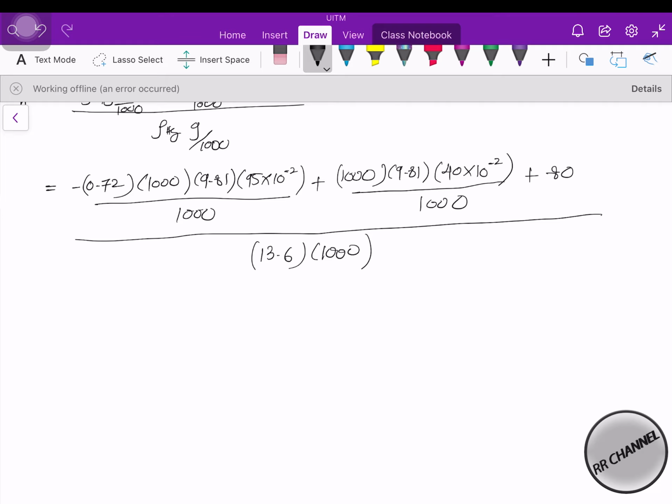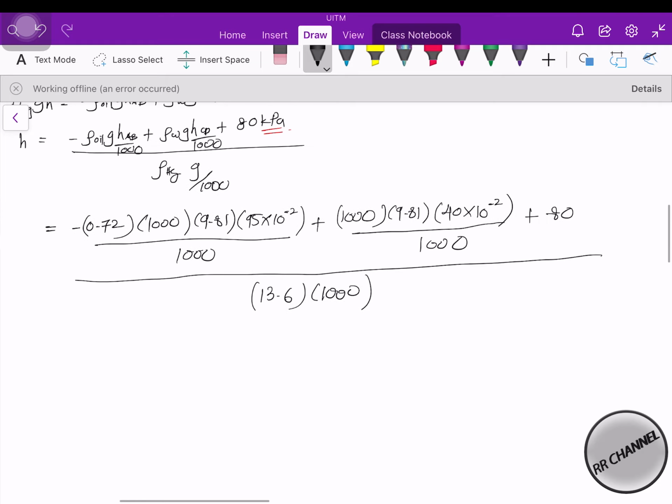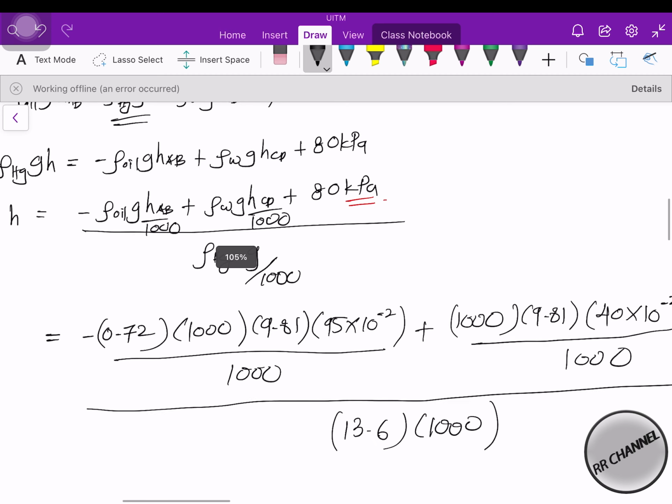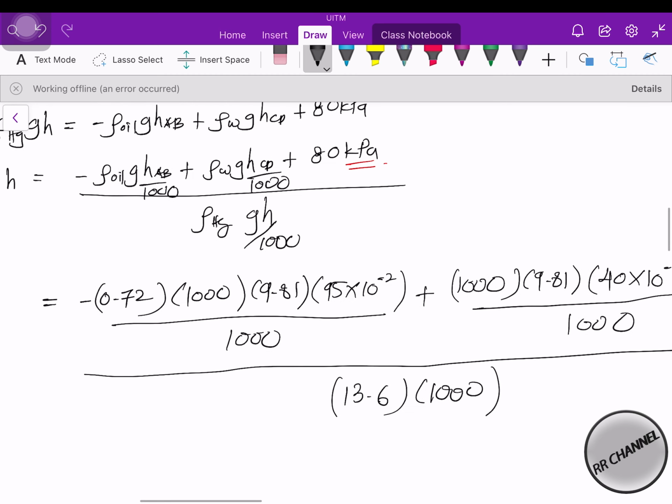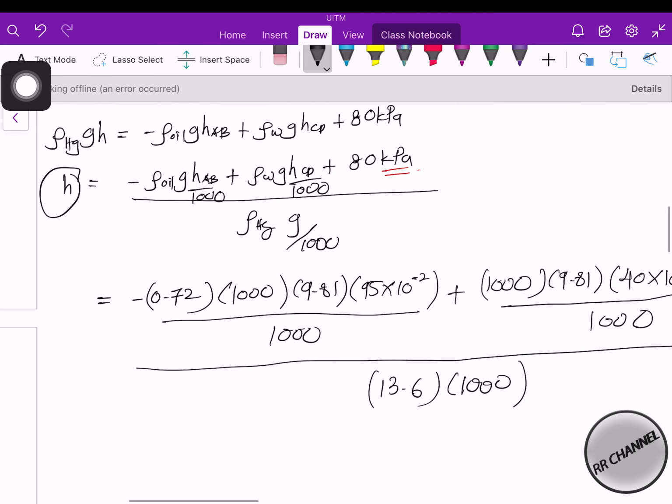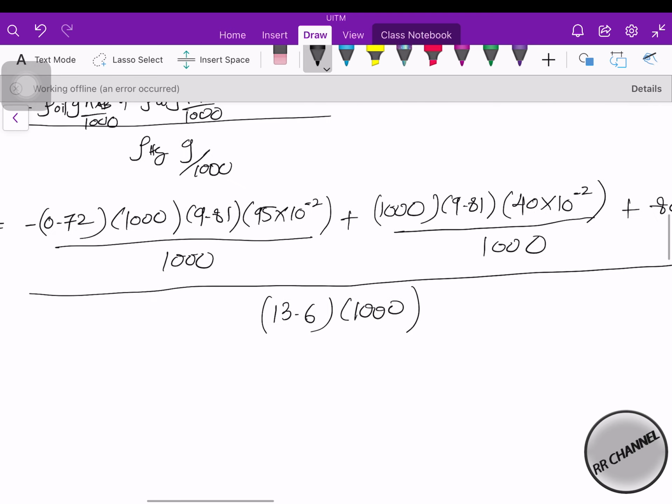Sorry, we left one term here, which is your h, the one we want to find. Divide by 1000.